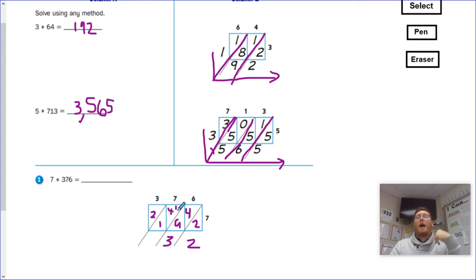It's just like I'm adding, and I'm just carrying over my extra set of 10. So now I have 1 plus 4 plus 1. Well, that's 6. And then I have just 2 here. So I have 2,632.